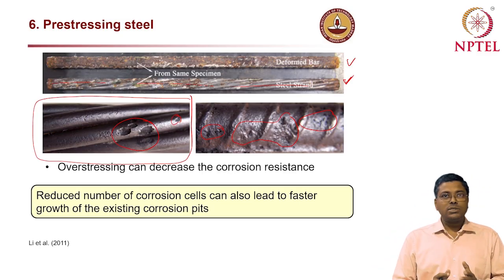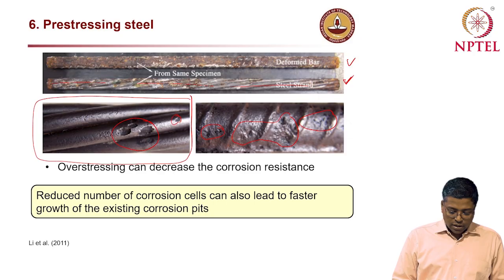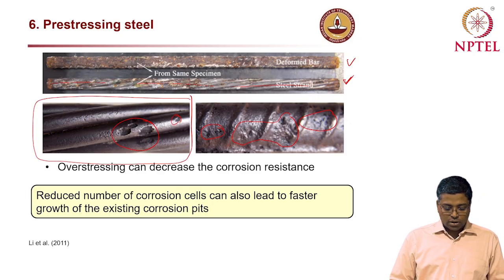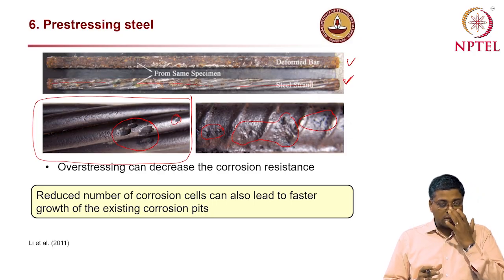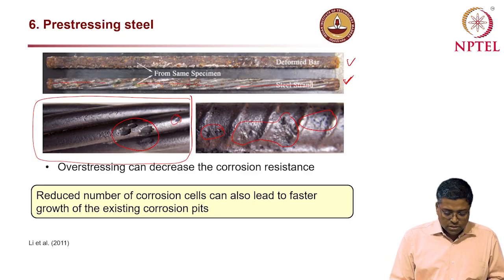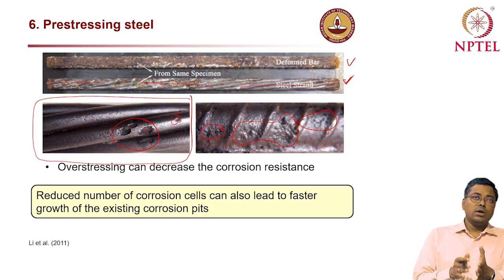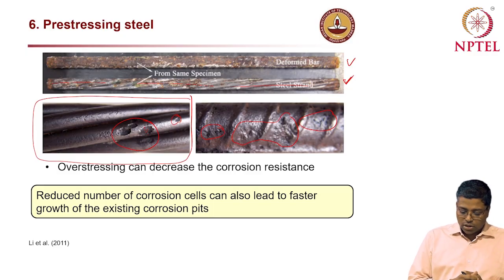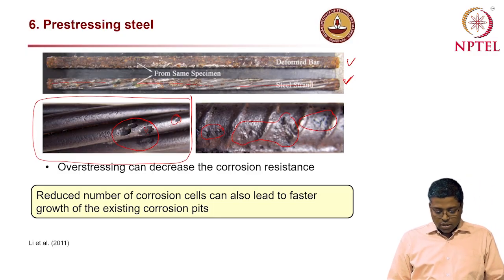So this localized corrosion is very dangerous, because the prestressing steel is under stress all the time, and because of the stress there may be some micro cracking, which is leading to this localized corrosion.